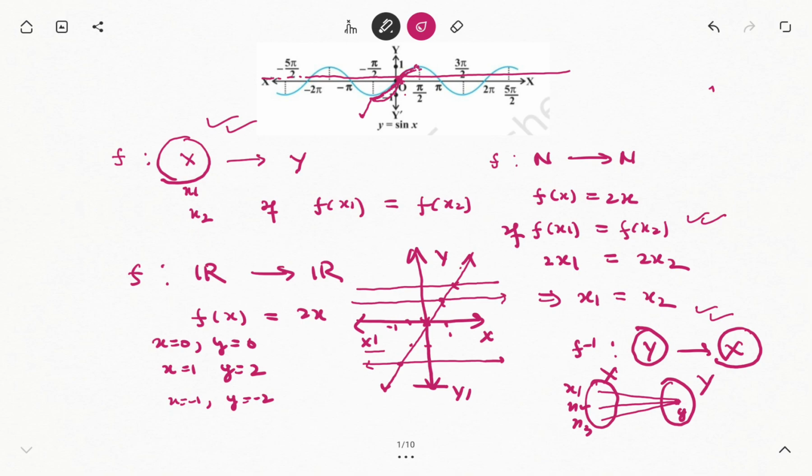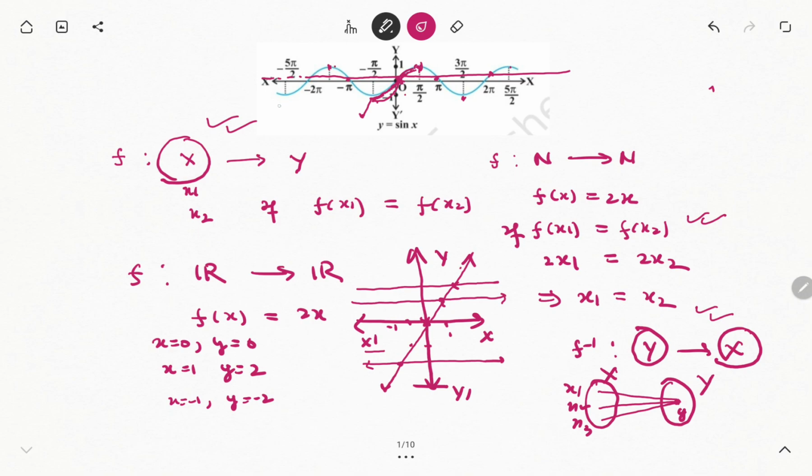Now, you can ask me, there are more branches than these. Yes. Here to here, pi by 2 to 3 pi by 2, intersecting at only one point. So this is another branch. 3 pi by 2 to 5 pi by 2, it is intersecting at one point. So this is another branch. Here to here, minus pi by 2 to minus 3 pi by 2, intersecting at only one point. Again, this is another branch.